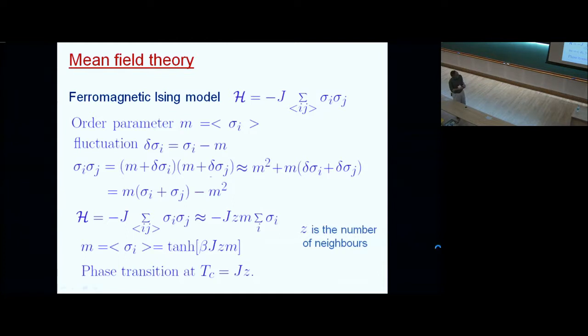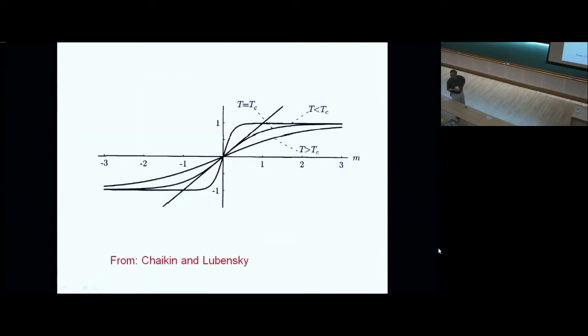Actually, this is a simple picture that tells you that. There is a graphical solution, and when the slope of the hyperbolic tangent becomes bigger than 1 at the origin, then at that point one has a non-zero solution, and one can show that that solution actually has a lower free energy as compared to the other one.